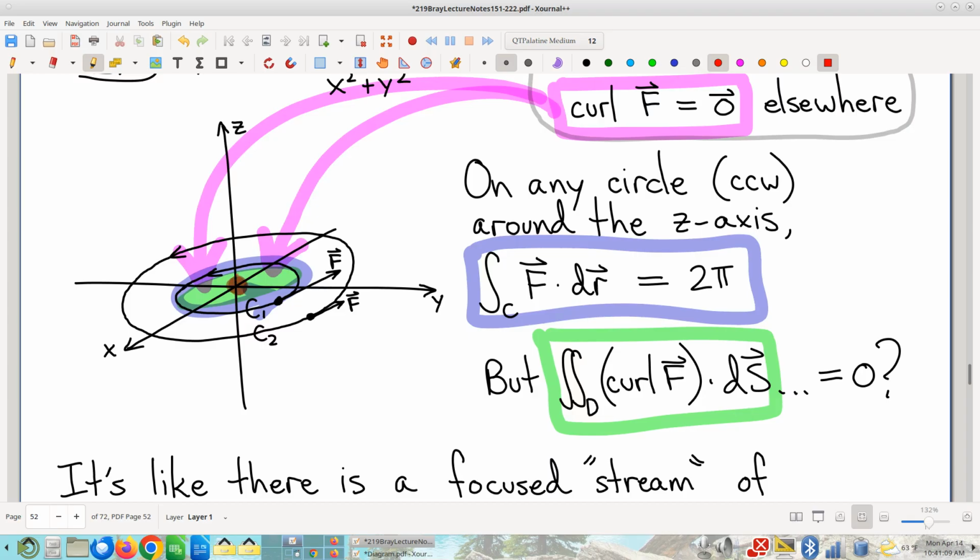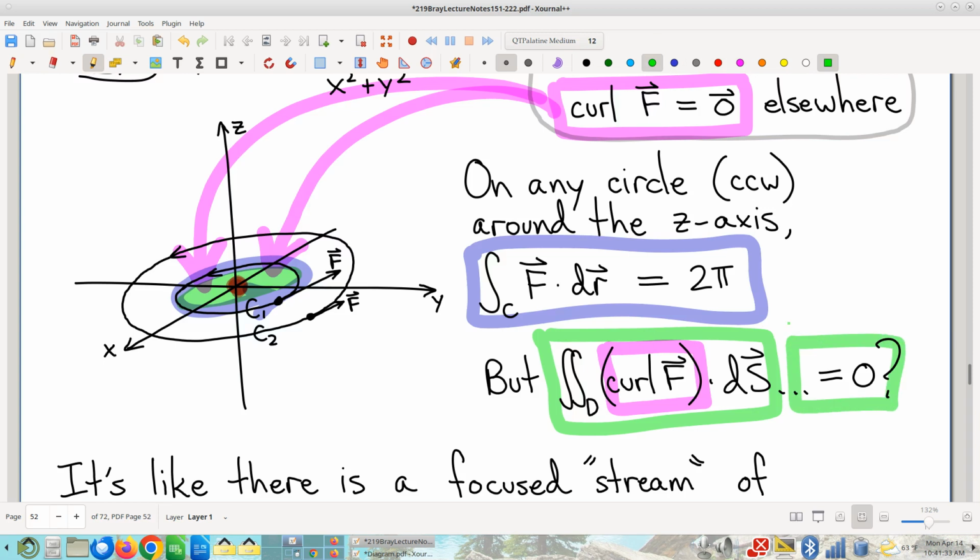The origin is its little problem, but it's just the 1 point. Who cares about just 1 point? How much difference could 1 point make? One might speculate, curl being 0, seemingly close enough to everywhere, you would think that these two integrals should be equal, but they are not.